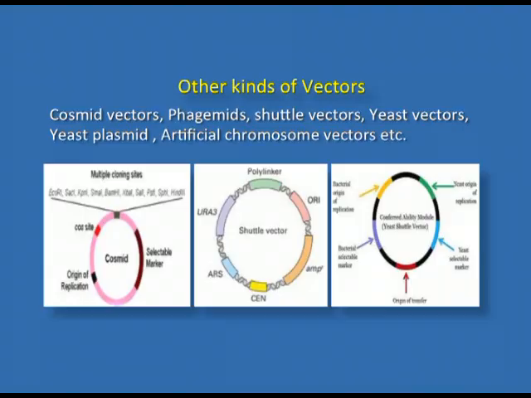Such copies are called clones. Besides the plasmids and the phages, the other vectors commonly used in genetic engineering are the cosmid vectors, phagemids, shuttle vectors, yeast vectors, yeast plasmids, artificial chromosome vectors, etc.